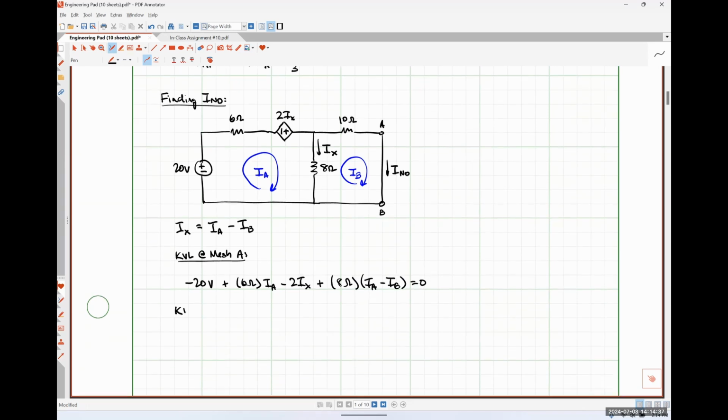And then we could write a KVL equation at mesh B. That would look like 8 ohms times IB minus IA plus 10 ohms IB is equal to 0. And we now have 3 equations and 3 unknowns. So I'm going to be lazy and just solve this as a 3x3 system.